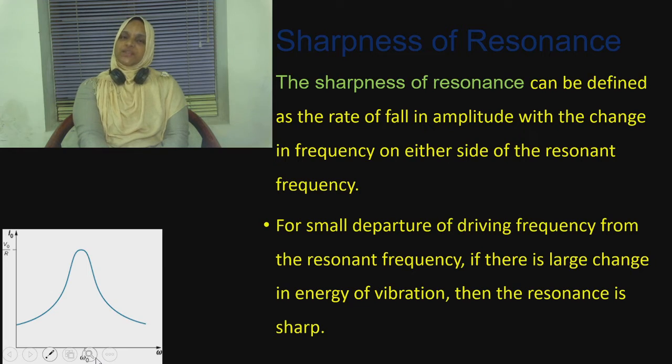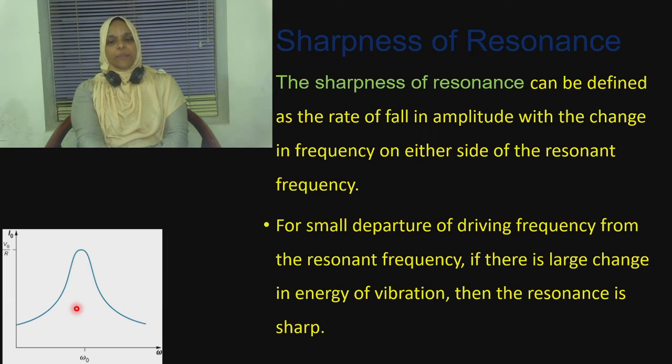Here, when the driving frequency departs from this natural frequency, that is, when the driving frequency becomes greater or lesser than the natural frequency, we can see that there is a fall in amplitude. This rate of fall in amplitude when the driving frequency departs on either side of the resonant frequency is known as sharpness of resonance.